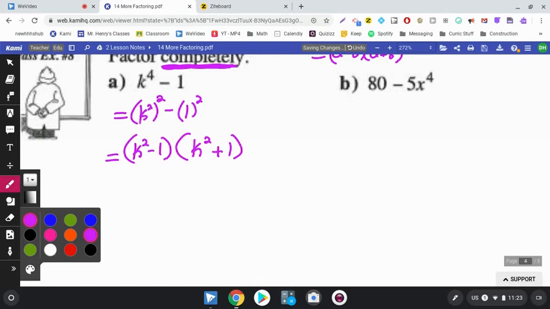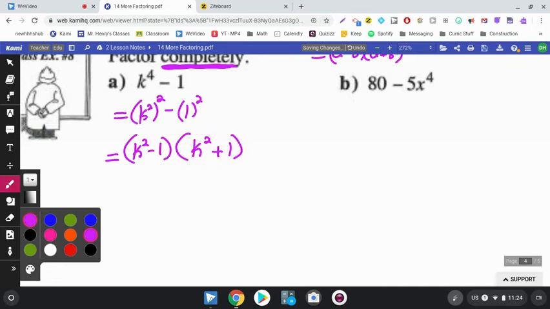Hey, that's awesome. And maybe if we looked at that, we'd say you're done because I've done the difference of squares. But what I want us to notice is if I look at my two factors, k squared minus 1, that is a difference of squares. You have k squared and you have 1 squared, right? 1 is that great number. So I can actually factor that further. K squared plus 1, I might be tempted to factor, but then I remember it's a difference of squares, not a sum of squares.